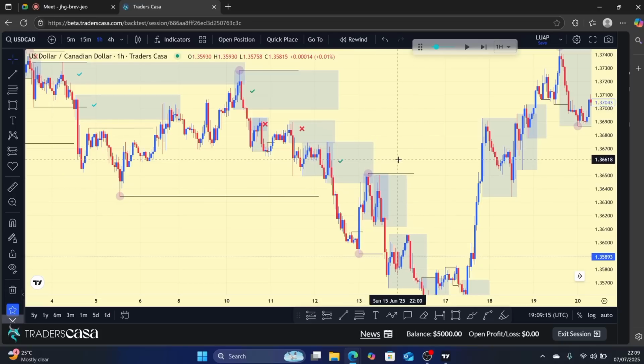The one on the extreme is what we call the extreme order flow, and the one that comes right after the inducement is taken out is what we call the decisional order flow. Price gave a reaction from the decisional order flow.